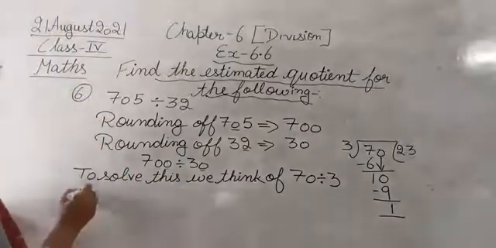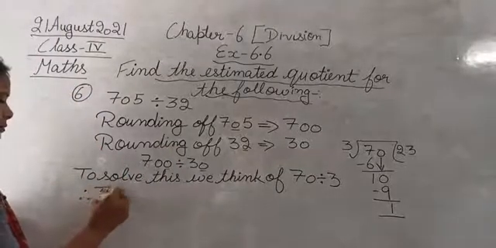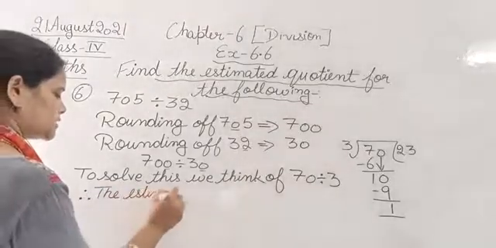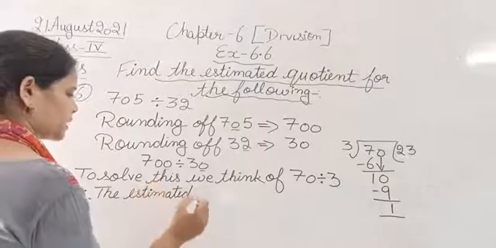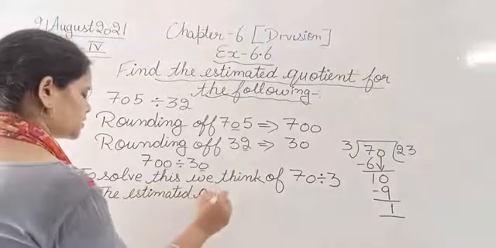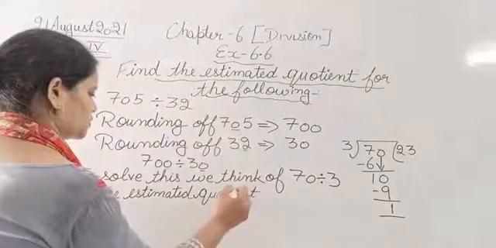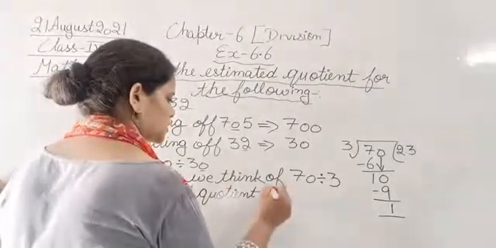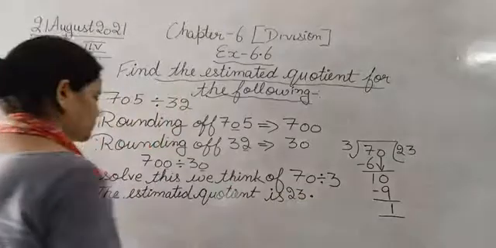So write down, therefore, the estimated quotient is 23.